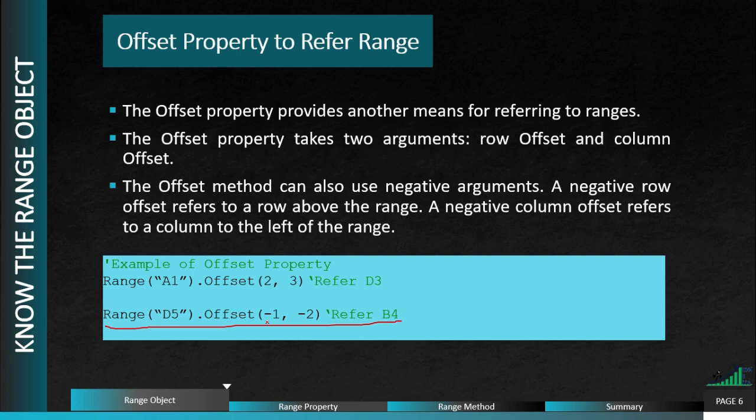He moves columns to the left. Minus 1 stands for what? Row up. Minus is negative, so he moves. So minus 1 and minus 2: minus 1 is one row, minus 2 is columns. That means it is standing at D5. If I go one row up, where will I be going?